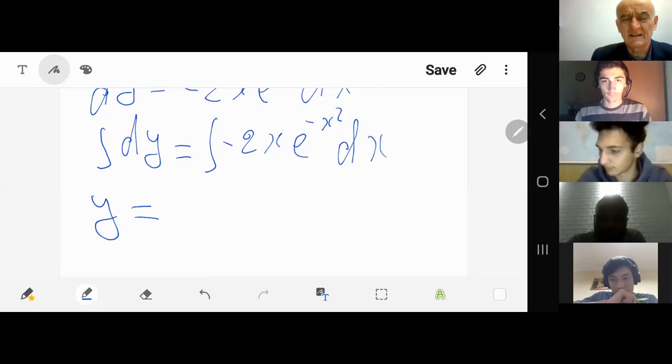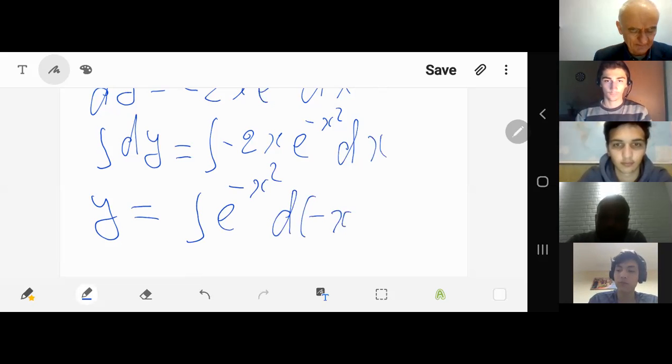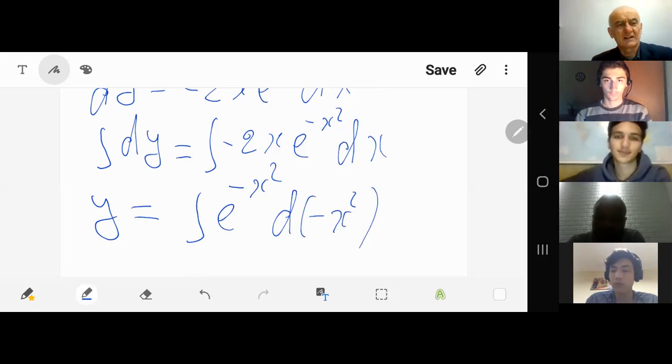So I think here we should consider moving something into the differential. What happens if I write down here e to power minus x squared times d of minus x squared?